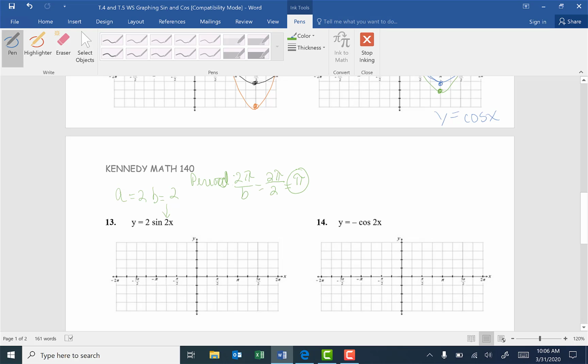That means the graph repeats itself at pi, not at 2 pi like we're used to seeing. So what we're going to have to do is figure out our new endpoints, because before it was 2 pi, 3 pi over 2, pi, pi over 2, and 0. But now it's only going to pi before it repeats itself. It's going to do more than one repetition within 2 pi.